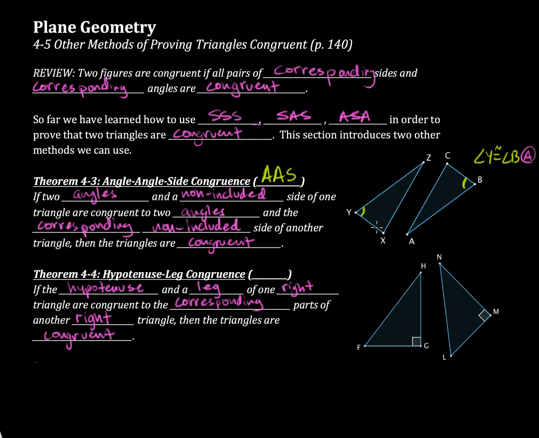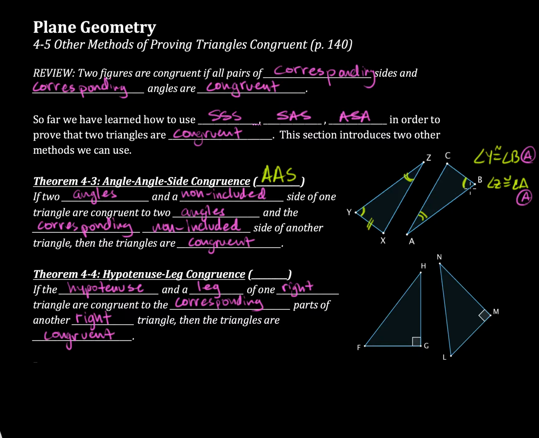And let's say that angle Z is congruent to angle A. Angle Z congruent to angle A, that would be another pair of angles. And lastly, let's say a non-included side of one of them. So YZ would be the included side for these two angles. So let's say that XY, that's a non-included side, is congruent to the corresponding non-included side of the other.